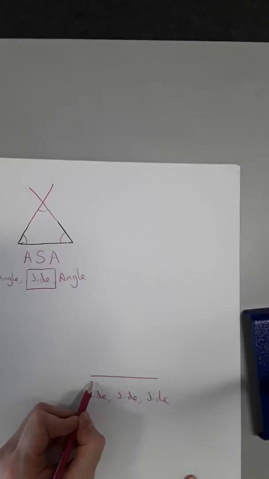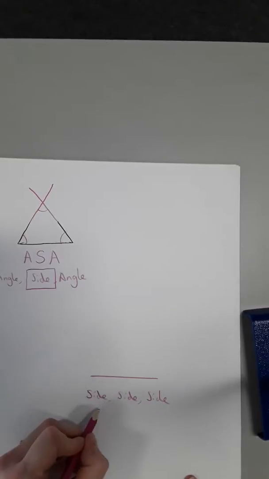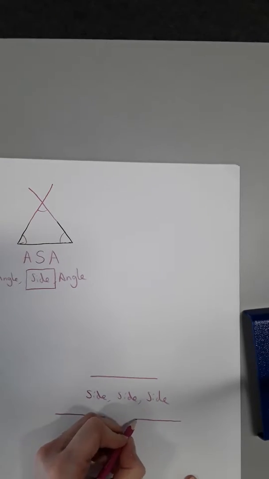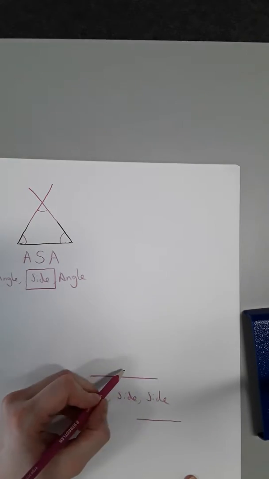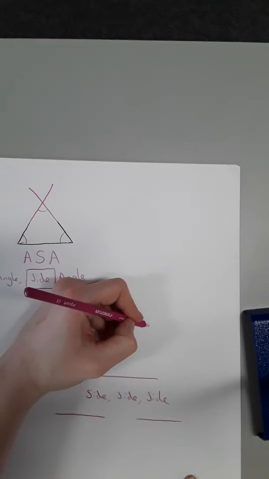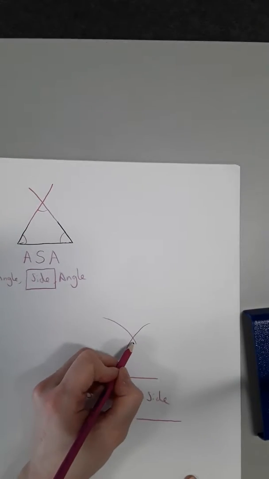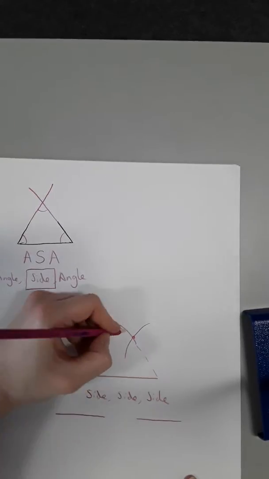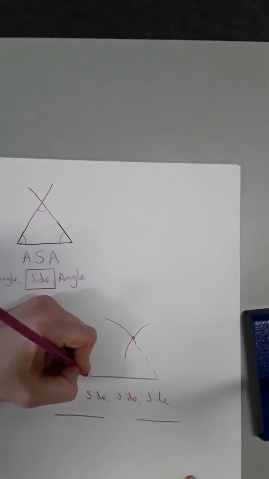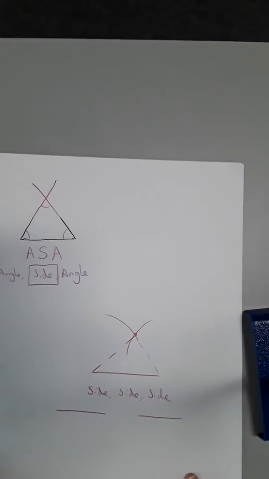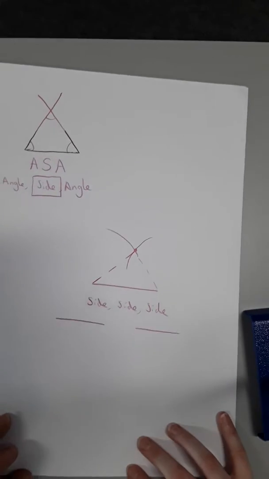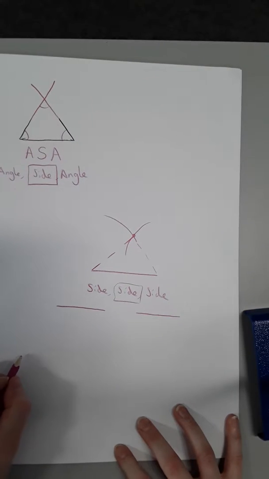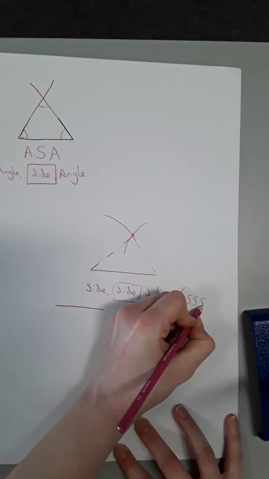So you'd measure a side, and then you would draw the other 2 sides accurately with a ruler, and then you would use a compass to mark where each of those sides finish, and where they cross you would just join that intersection up, and that would give you the exact triangle. Sorry, this is called an SSS triangle.